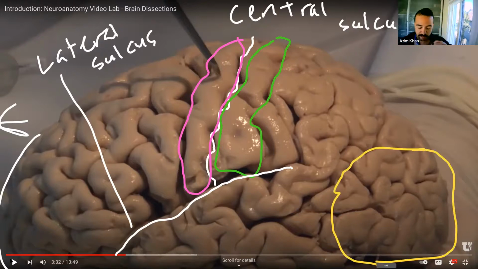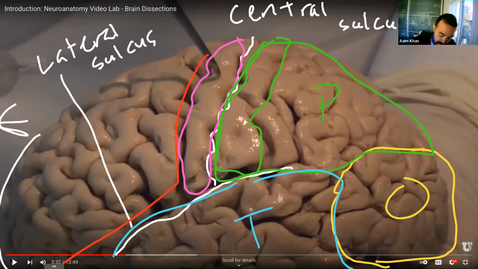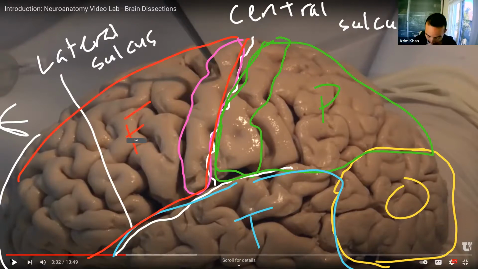That's the occipital lobe there in yellow. Parietal lobe, I'll outline fully in green. So P is for parietal, O is for occipital. We'll do blue for temporal. We'll do red for frontal.